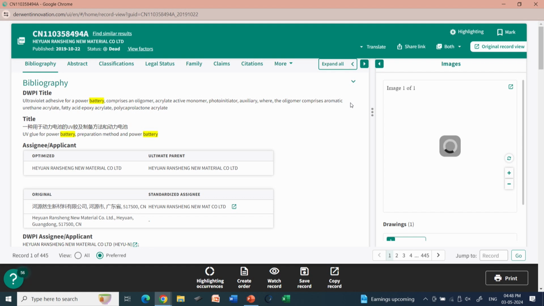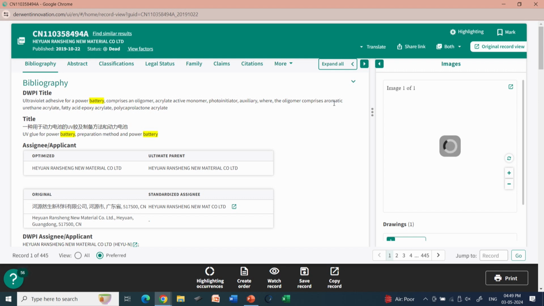It is an ultraviolet adhesive for a power battery, comprising an oligomer, acrylate, active monomer, photoinitiator, auxiliary, where the oligomer comprises aromatic urethane acetate, fatty acid epoxy acrylate. So, this is a paint kind of a thing which is required for battery purpose, but it will be very difficult for everybody to understand this title itself.